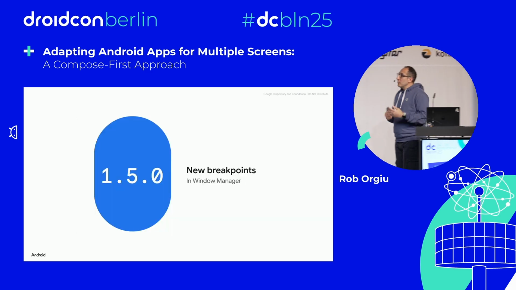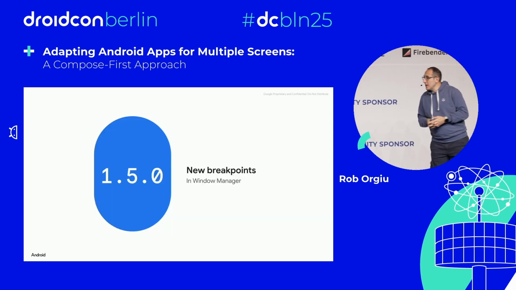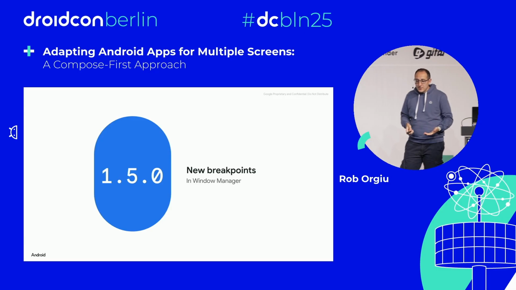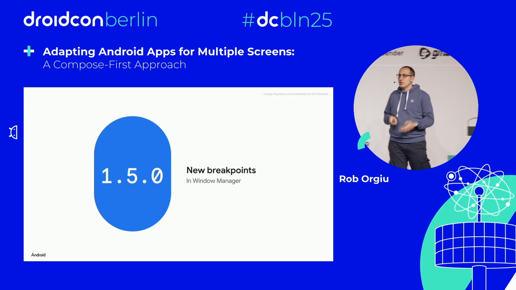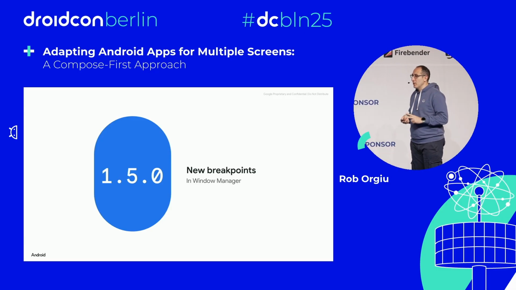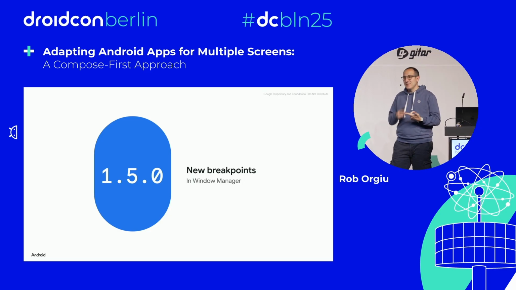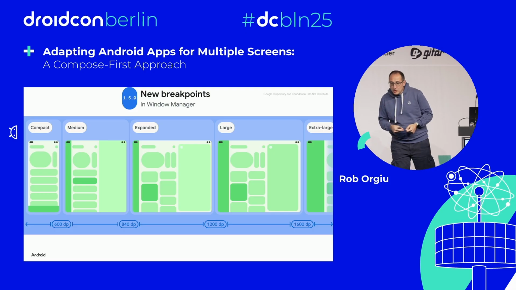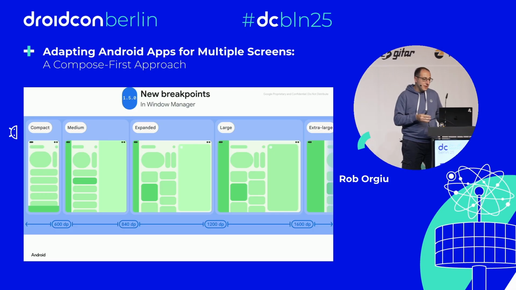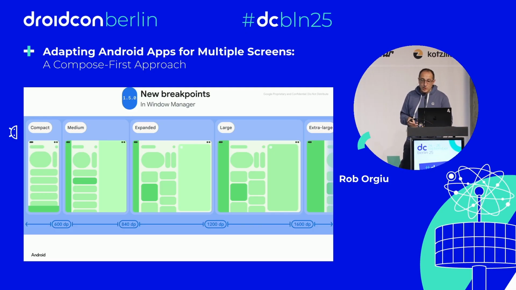So with the recent introduction of Window Manager 1.5, we also introduced two new breakpoints. Earlier, we only had compact, medium, and expanded. Now, we also have the large and extra large breakpoints for width.